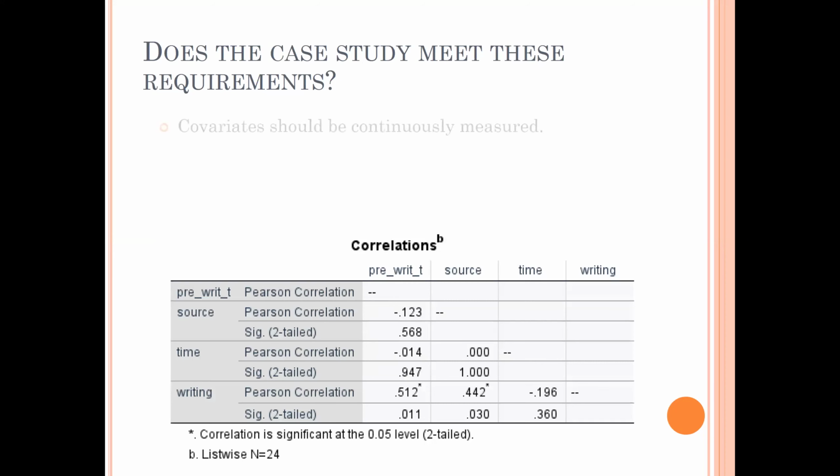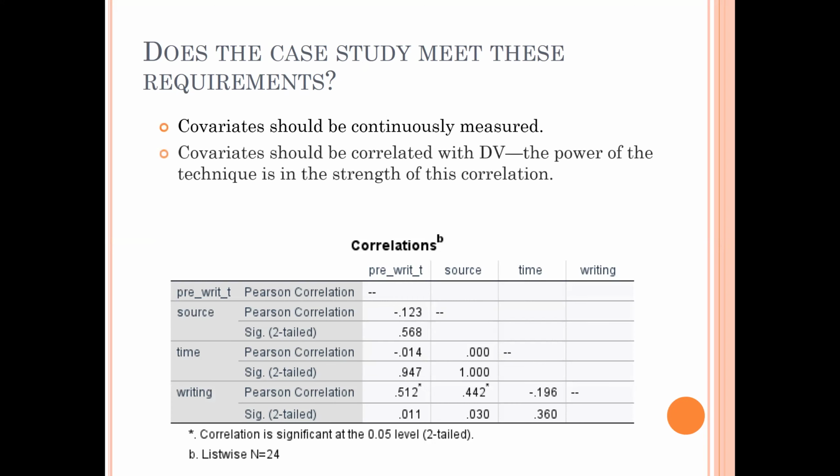So did you meet the data requirements? Yes, we do have continuous measurement. We do have a covariate that's correlated with the dependent variable. Looking at the correlation matrix, you see that the pre-writing score in our first column of data is correlated 0.512 with the dependent variable, writing. That's a significant correlation.